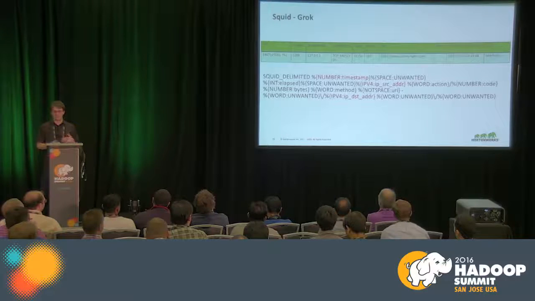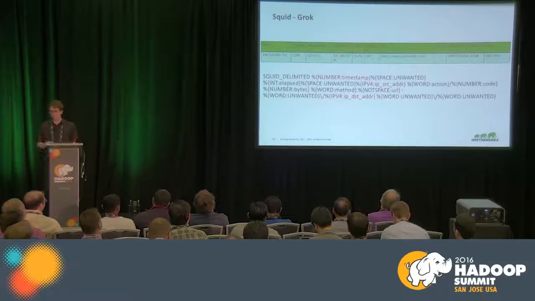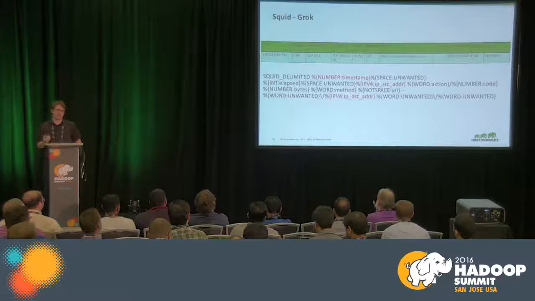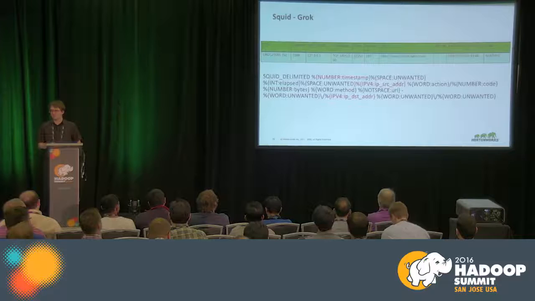We give each a name so that we can refer to it later, but otherwise we keep the individual fields around. So we keep the code, the number of bytes, and what URL was actually hit, and we drop a couple miscellaneous things that we don't care about. For instance, we don't care that the type was text/HTML, so we call it unwanted and discard it. It's a pretty straightforward parse just because it's a very simple log.